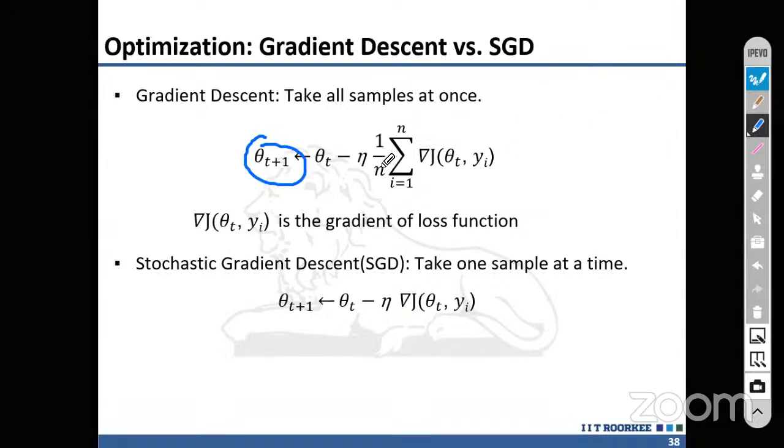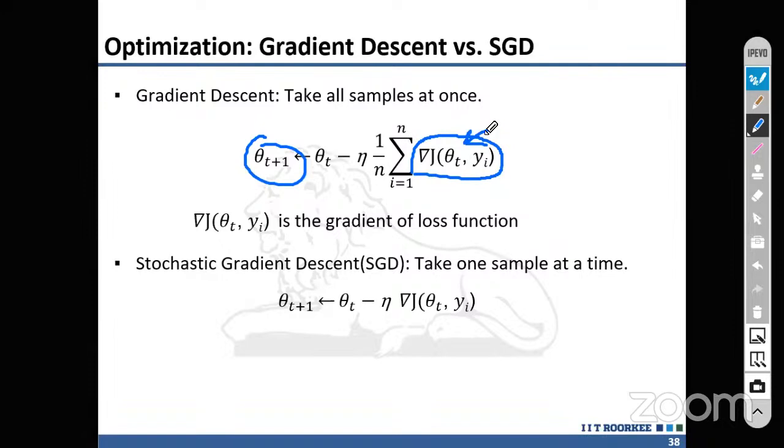How will you adjust them? This is the error function. You can consider absolute error, squared error, or a penalty, or also norms. This L1 loss, L2 loss, all of this you can consider here.